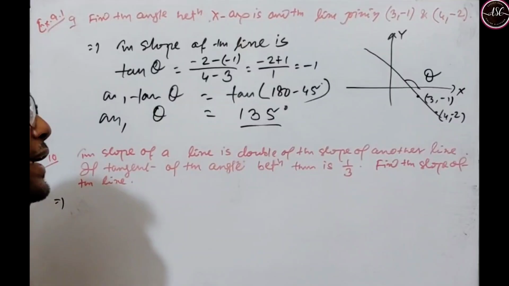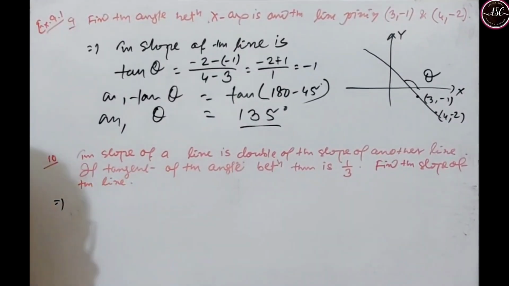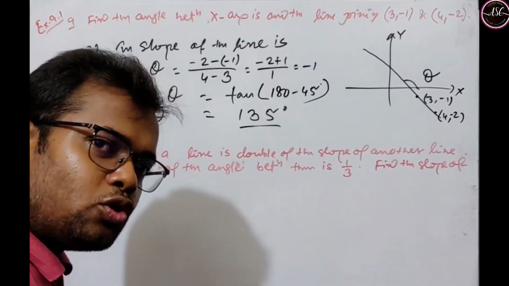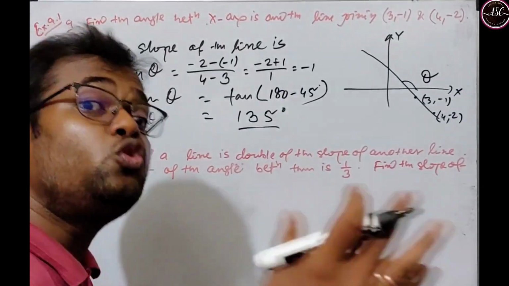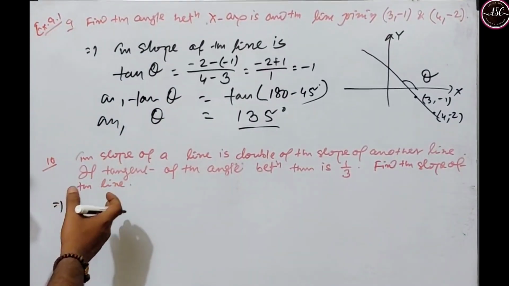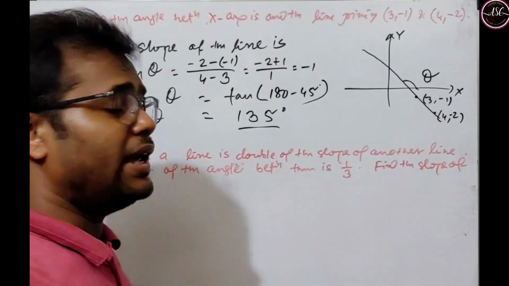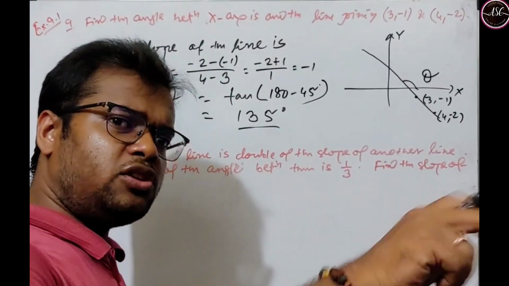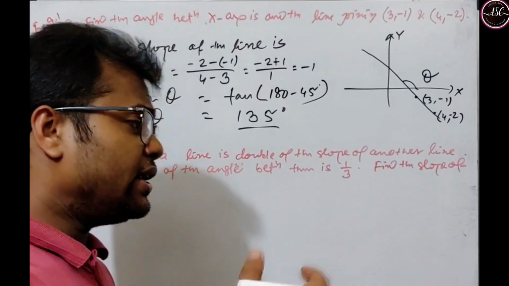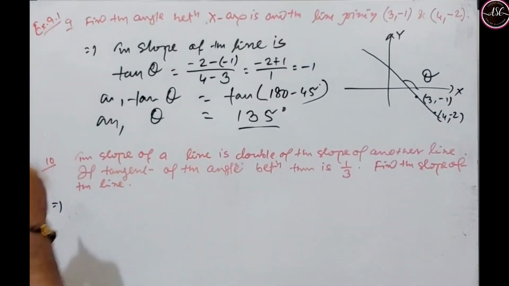The slope of a line is double the slope of another line. That means if the slope of one line is m, then the slope of the other line is 2m, as this is double. If the tangent of the angle between them is 1/3, that means if the angle between these two lines is theta, then tan theta equals 1/3. Find the slope of the other line.